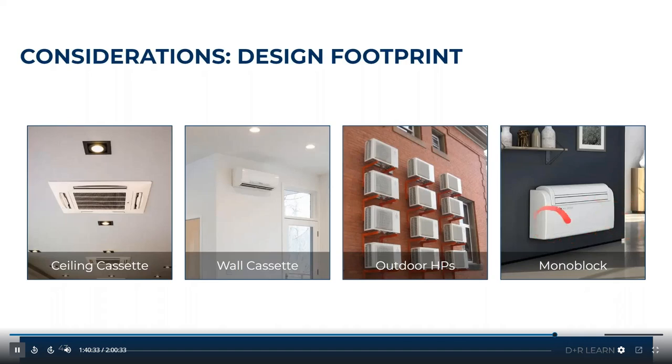And lastly, to the right here, we've got our monoblock. I've typically seen and worked on these in motels and hotels, where you'll typically see your monoblock type of setup. And once again, these monoblocks have everything installed inside as a unitary system, and you need some way, wherever they're installed, hopefully the backside of that is a wall to the outside where you can evacuate your heat exchange.